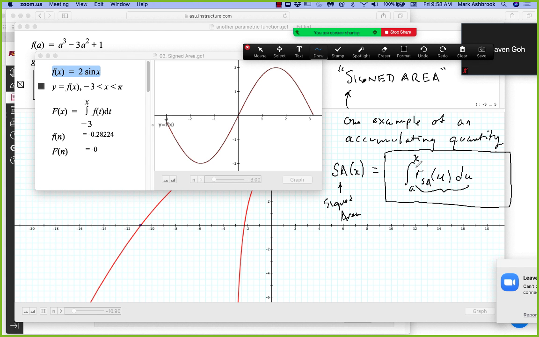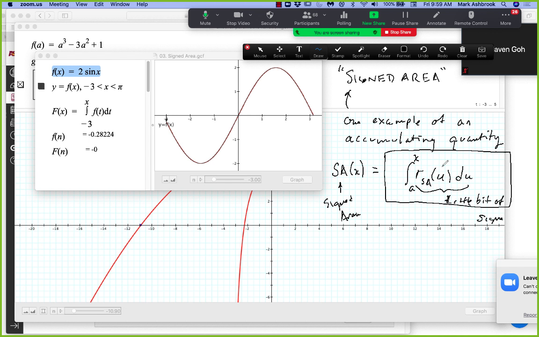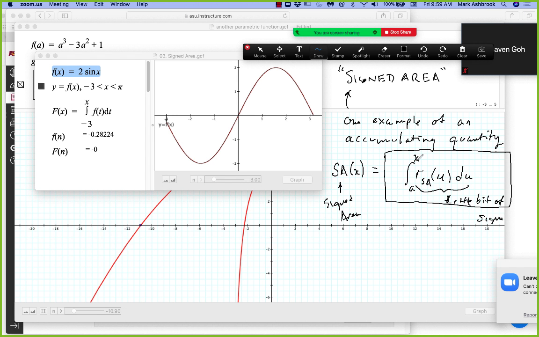Good. It's a little bit of signed area, or d signed area. And then the integral means summing up, starting from a, accumulating those little bits of signed area, each bit calculated by rate times change in x, accumulating all those bits starting from a all the way up to x.